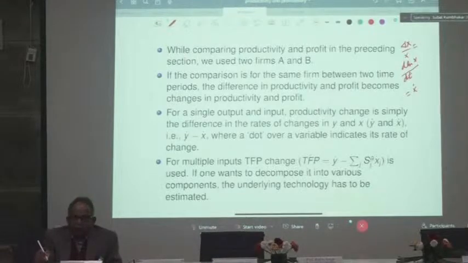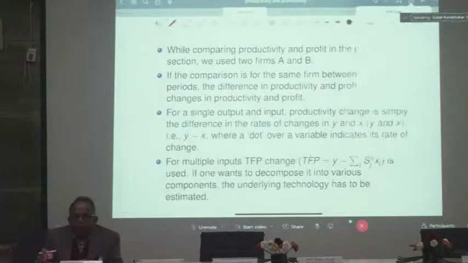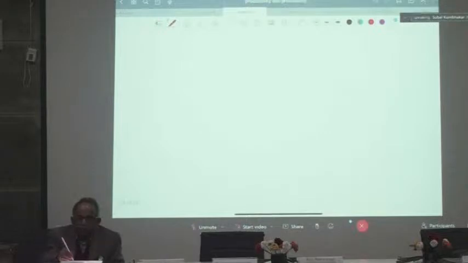Okay, so now tell me this. I can write it on the next page. So if I have a variable called productivity, which is y over x, that's productivity. I want to define something called rate of change in productivity. So how do I define it?